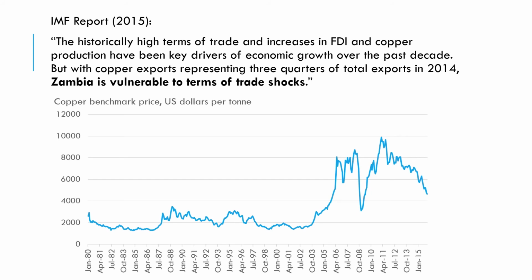And we can see that whilst export prices had risen for Zambia over a lot of the period, by 2014 copper prices in particular had fallen, which we would expect to cause a deterioration in the terms of trade for Zambia.